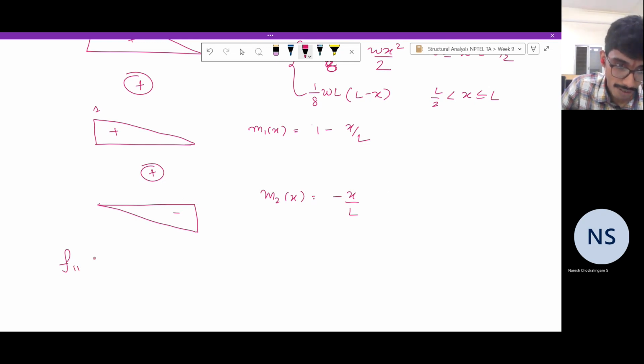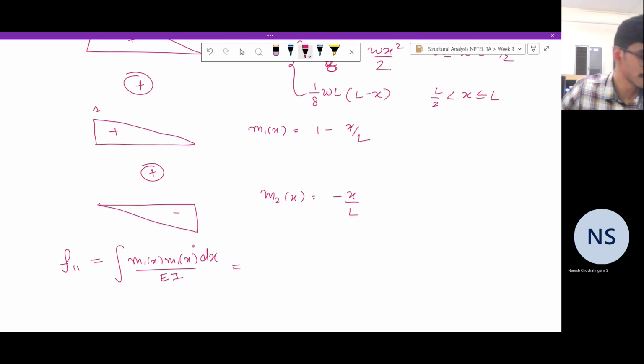So what is F11? F11 is integral M1 of x, M1 of x dx by EI. So it's easy to see that this value is nothing but L by 3 EI.